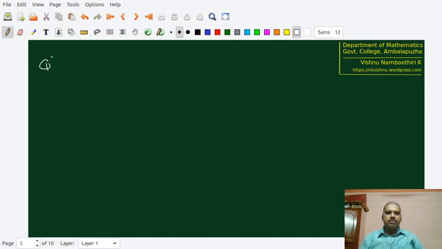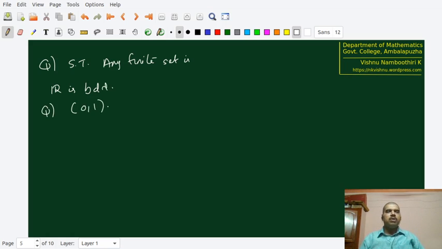This is an exercise. Show that any finite set in R is bounded. And we have the open interval (0, 1). This is bounded, and one upper bound is 1, a lower bound is 0.